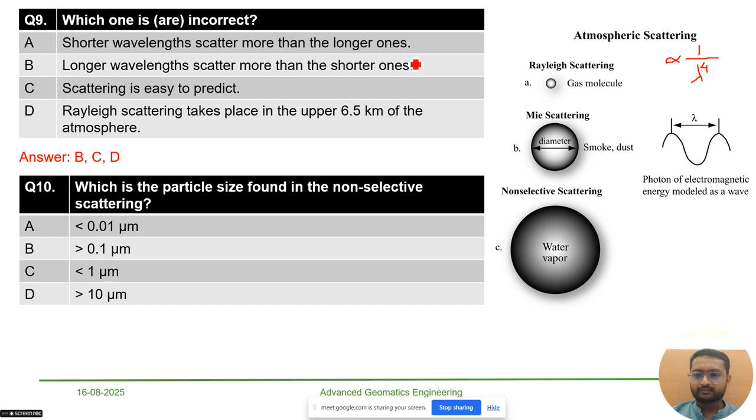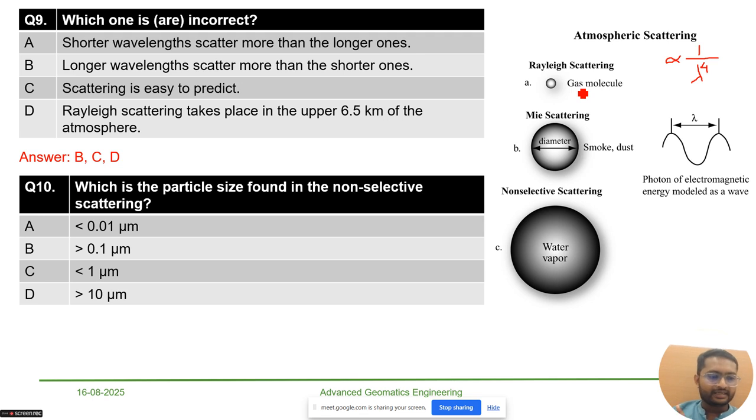Then we have the next question, and the answer is D. Rayleigh scattering happens because of gas molecules. These small molecules are in the troposphere only, around 4.5 kilometer, the lower atmosphere.